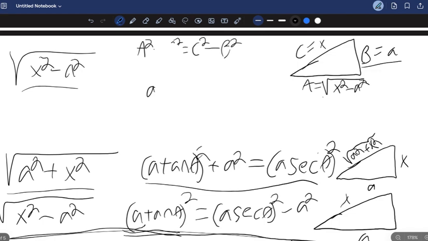In that case, I would want to use cosecant theta equal to x over a.